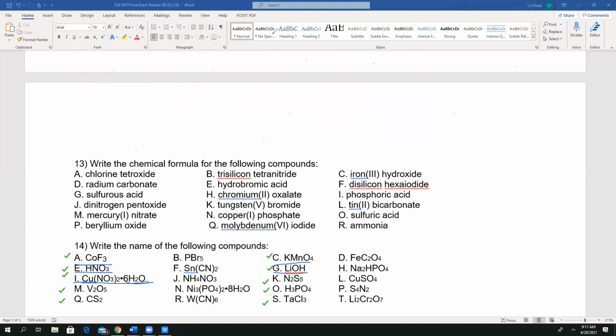Phosphate, not phosphide, right? Phosphate. So H3PO4, the name is phosphoric acid because you have phosphate and it came from phosphate. So phosphoric acid, and that's it. That's this one right here, right?